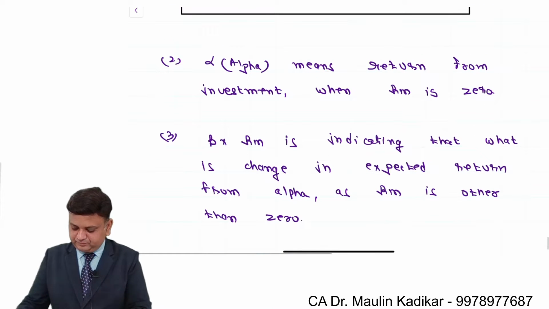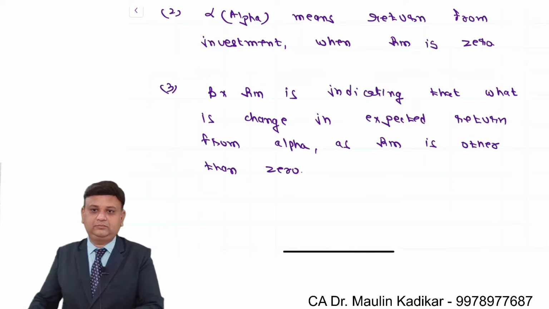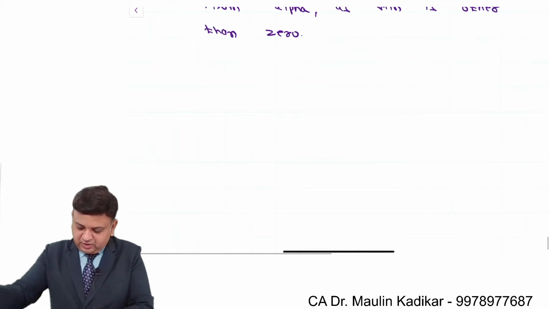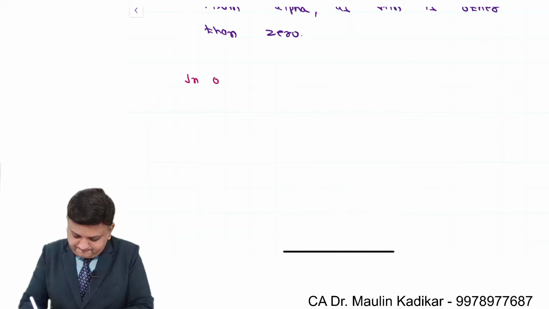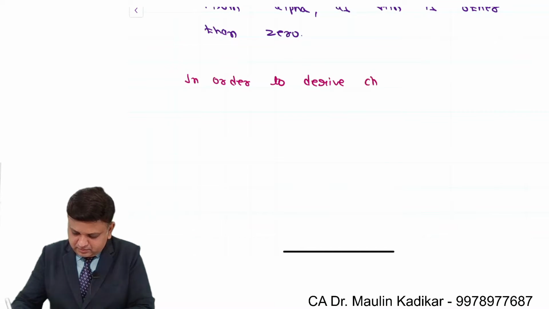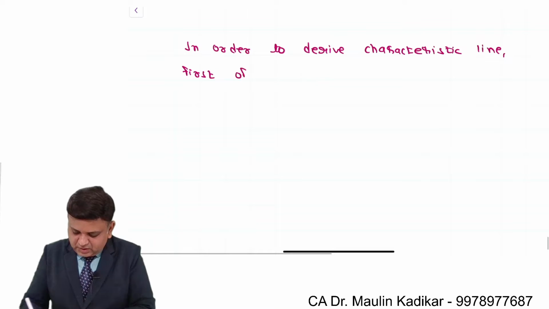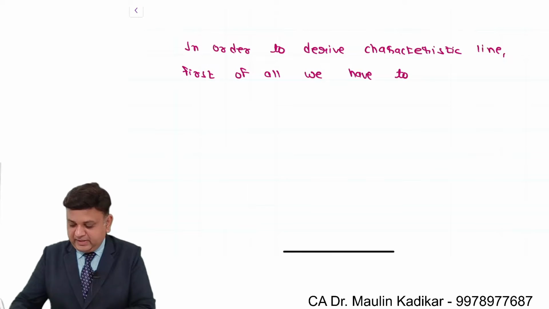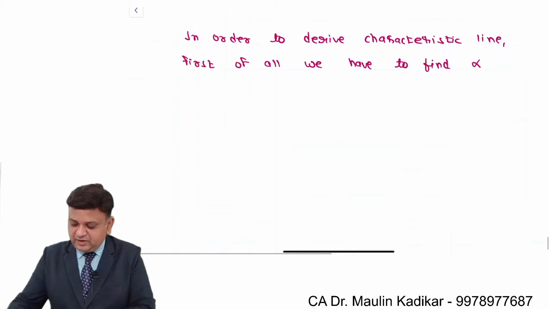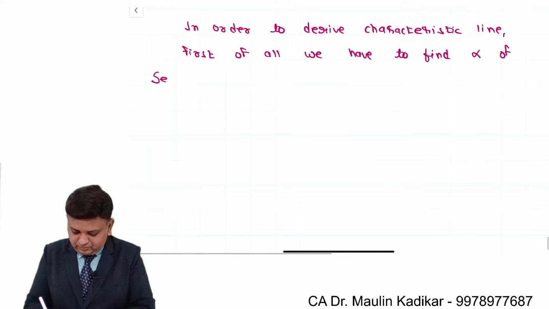Full stop. With paragraph write down, in order to derive characteristic line, comma, first of all we have to find alpha of security. Full stop.